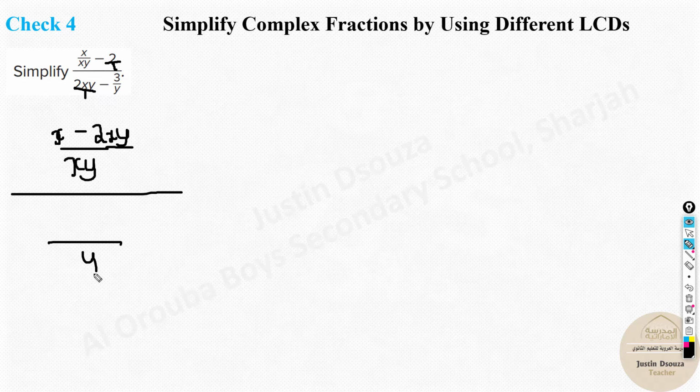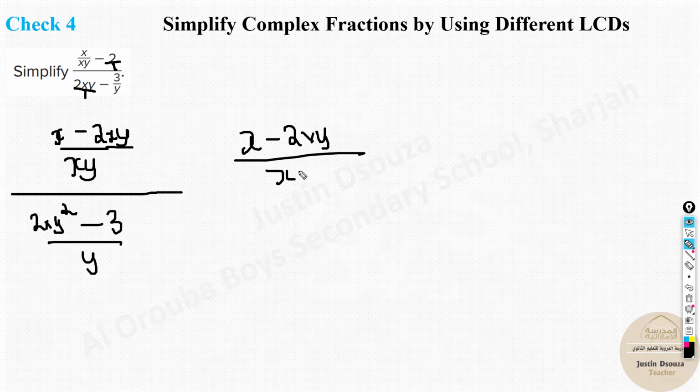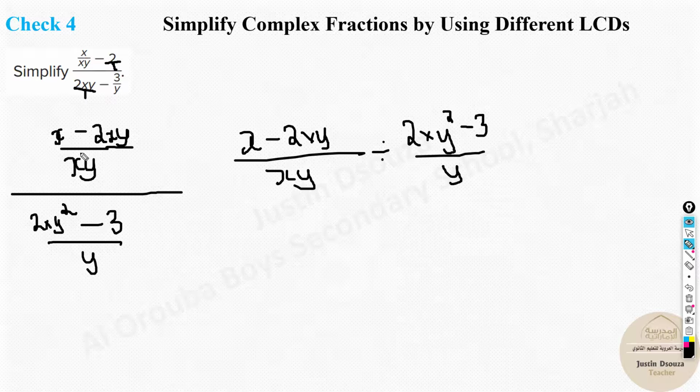That would mean the denominator is just 1 into y. Here multiply y up and down, it will be 2xy squared minus 3 into 1, that's it. Now this part remains: x minus 2xy divided by xy, divided by 2xy squared minus 3 divided by y.